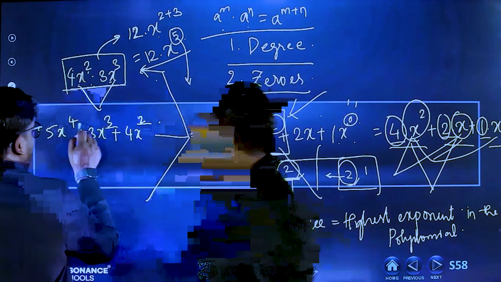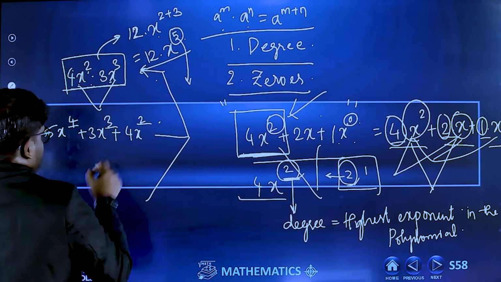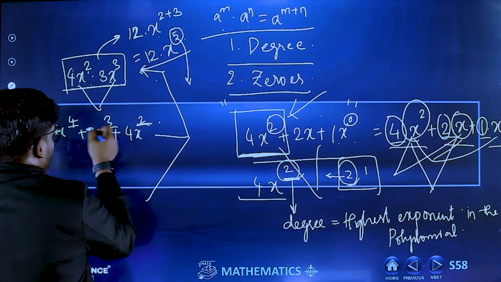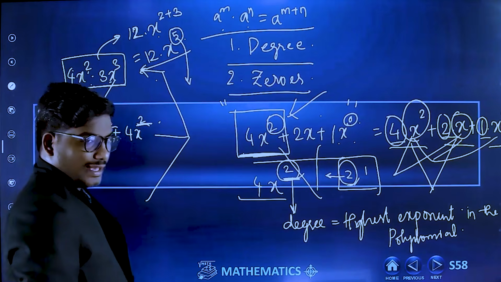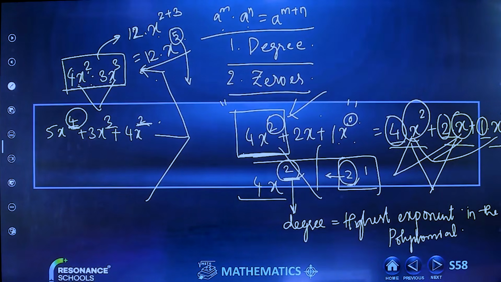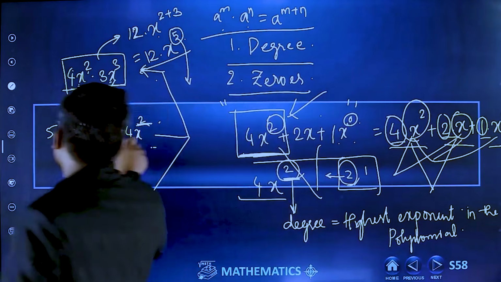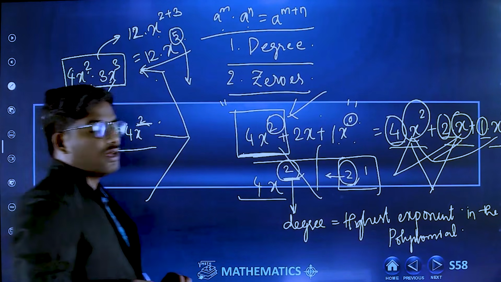So we will need to find the degree of this. The highest exponent among 2, 3 and 4 is 4. So the degree of this expression particularly is the highest exponent involved, which is 4.